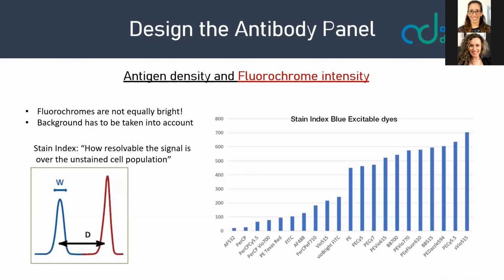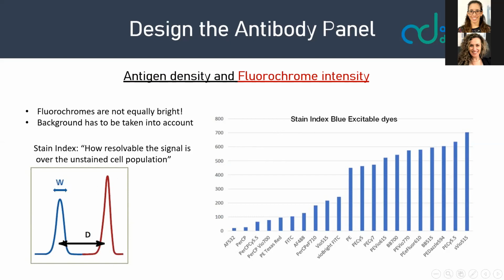And the second thing is the fluorochrome intensity. Fluorochromes are not equally bright, and also background has to be taken into account. So scientists have developed the staining index calculation. In very, very simple words, the staining index is a value for the resolution between the negative and the positive peak.